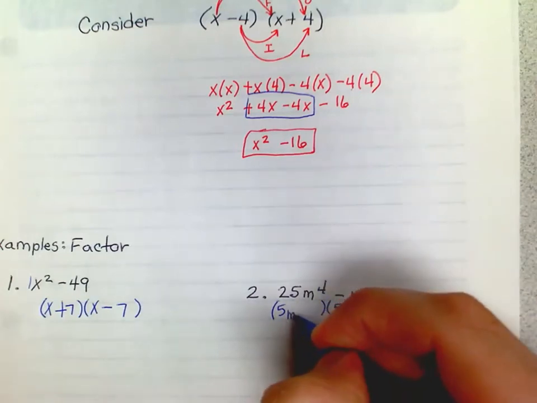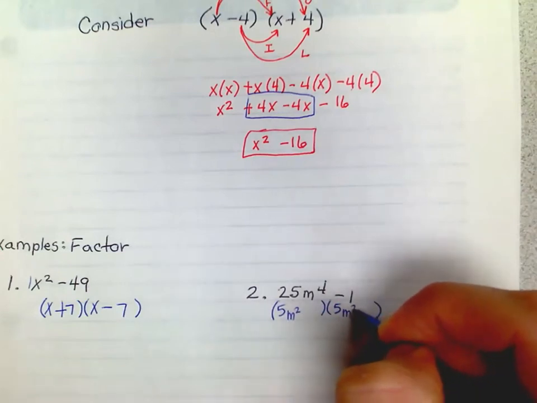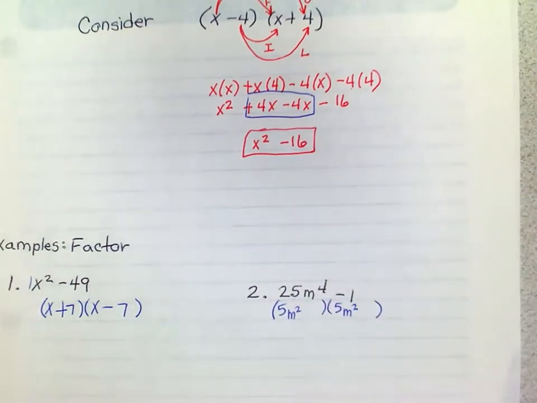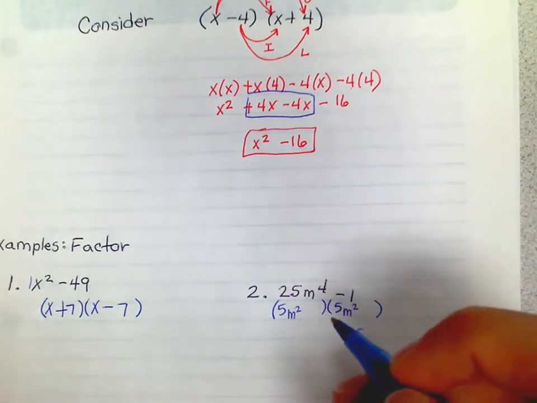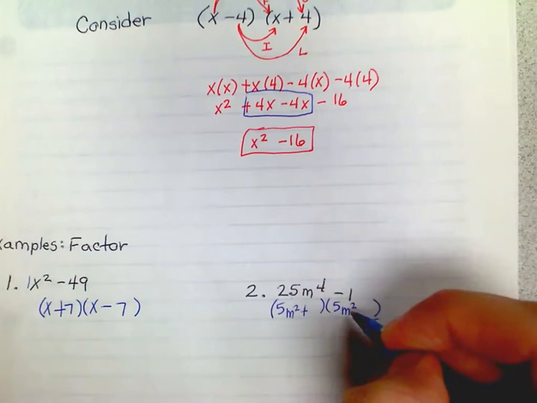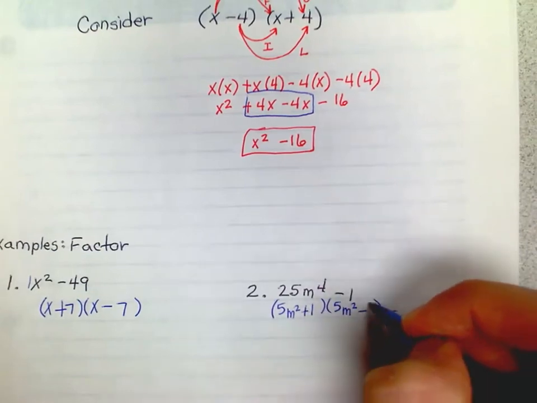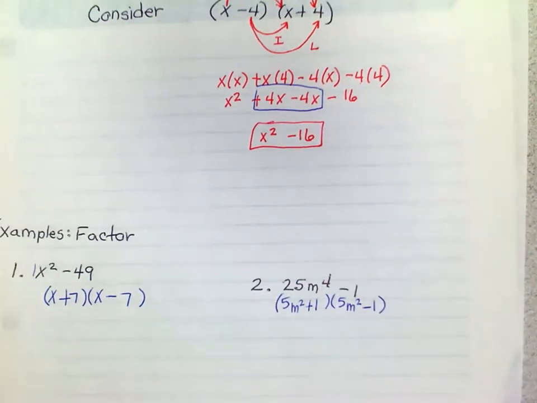So let's write m squared along with the 5 for the first term. To conclude this part of the problem, look at 1. 1 is actually a perfect square of 1 times 1. And using our rules for these types of problems, we want a plus and a minus. So let's just write a 1 in for each place. And that is how you would factor that.